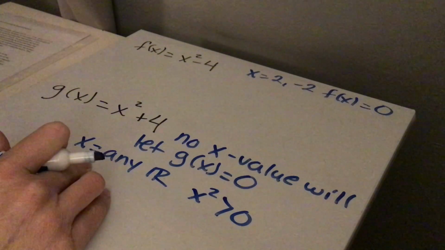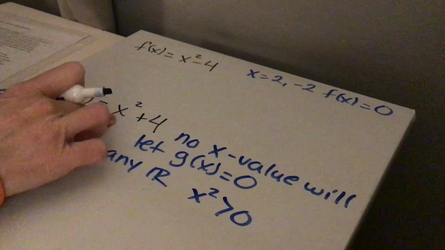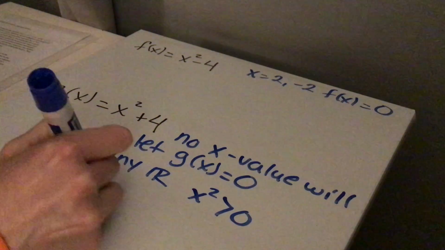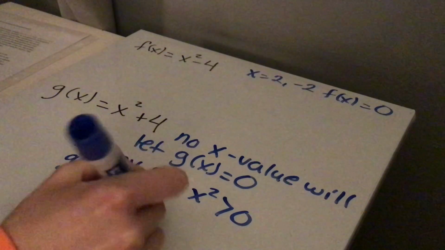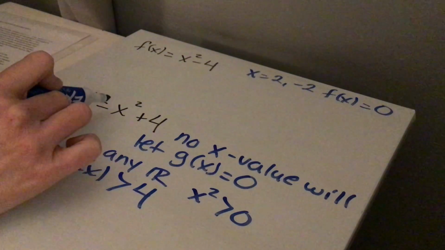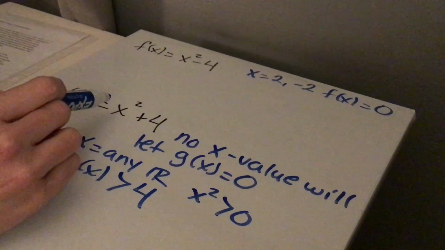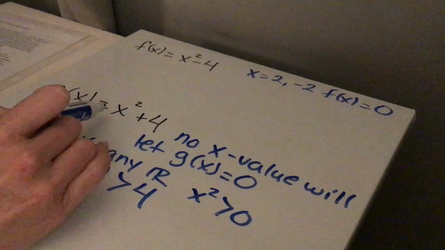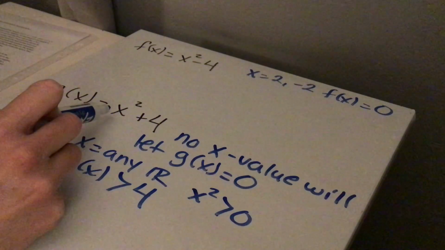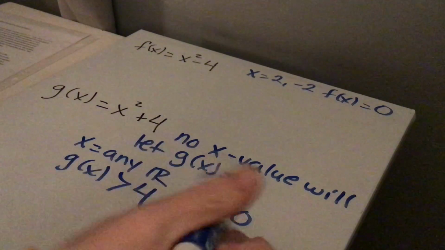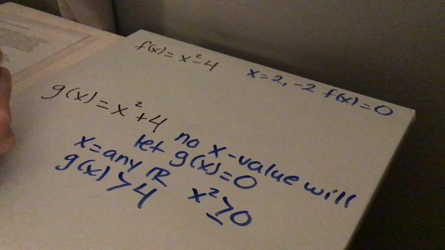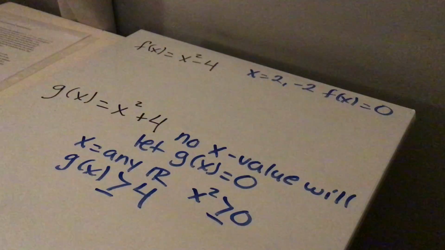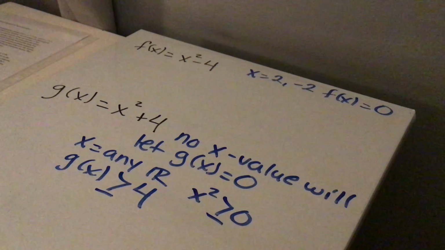And then if you have a positive number plus 4, g of x is going to have a value greater than 4, because x squared can't be negative. For any value for x, x squared is positive or could be 0, and the function itself has to be greater than or equal to 0 as well.